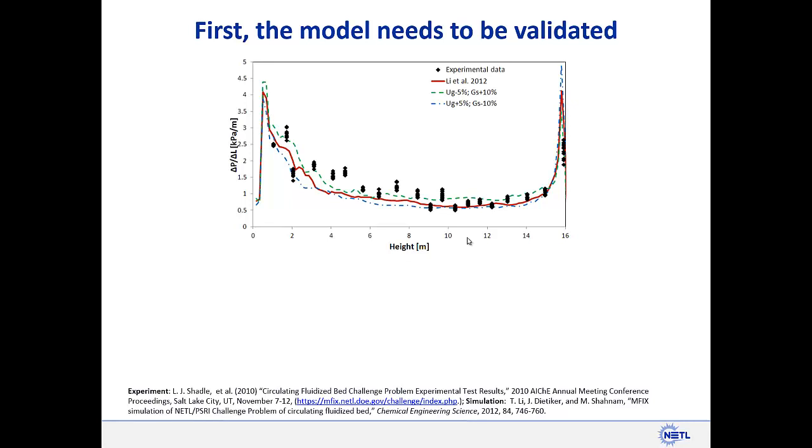I'll pause here for 2 seconds. Look at this figure and think, what comes to your mind quickly? I'll just take 1 second for you all to think. Well, you might think the agreement is good, especially as a CFD person, you might think, yeah, that's a pretty good agreement. If you're an experimentalist, probably you'll say, not really.